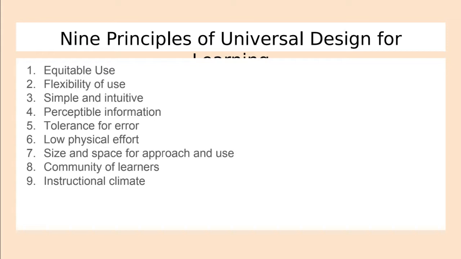Number 8 is a community of learners. Here is where our instructional environment promotes interaction and communication among students and between students and faculty. And here we could talk about discussion boards and group exercises. And the final principle is instructional climate. And this is when the instruction is designed to be welcoming, inclusive, and high expectations for all students.